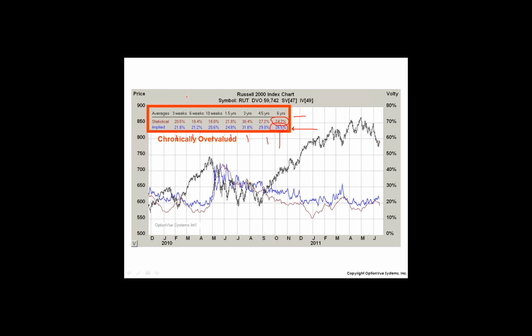And listen to me when I tell you, you can have all the adjustment algorithms you want for your butterfly or your condor, and you could do high prob or low prob, this and that. You know what though, if you do that in a market that is chronically undervalued, where the option prices are implying volatility less than what actually comes to pass, that the market is more volatile than what the options are saying, you're going to have a heck of a time.